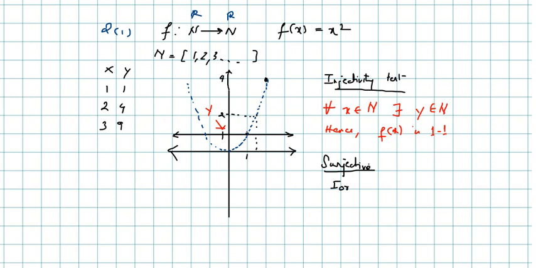So for y equal to 2, there is no pre-image, no x element of N. We can see this mathematically also.